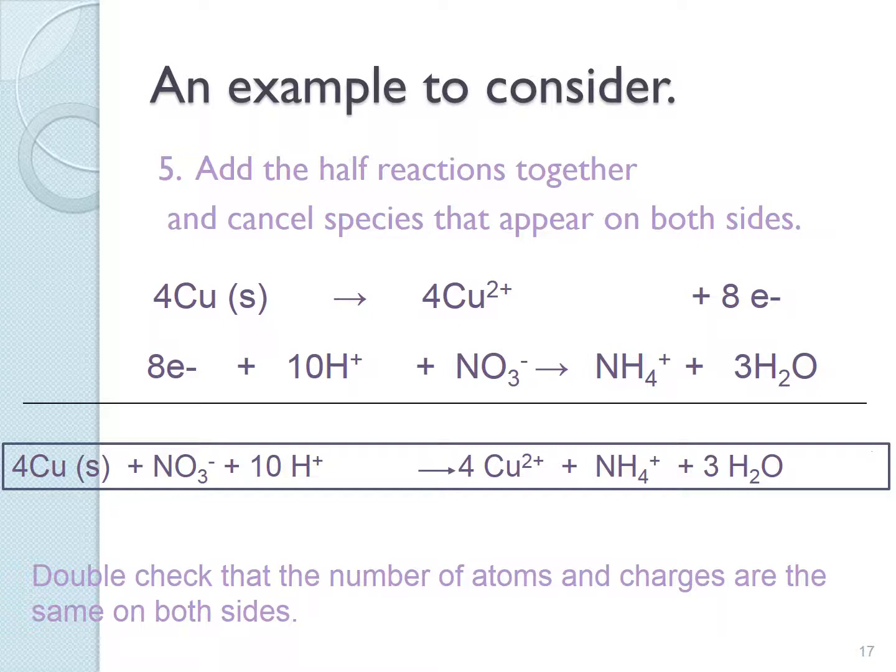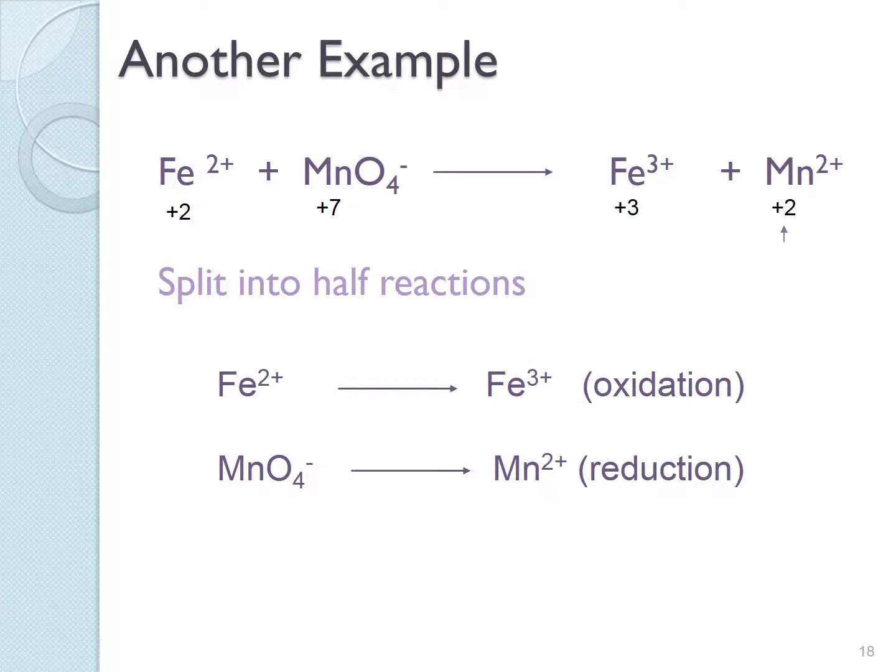So our charges are balanced, and we have 4 coppers, 1 nitrogen, 3 oxygen, and 10 hydrogen on both sides. So we're balanced. I mean, that was the whole purpose, but it's good to double check because it's so easy to make mistakes.